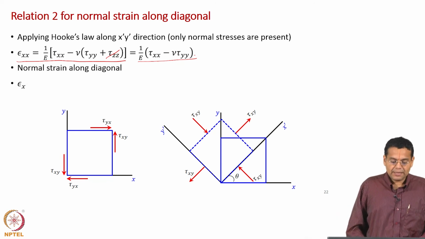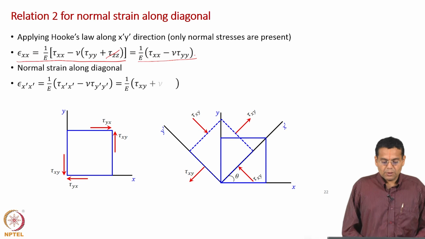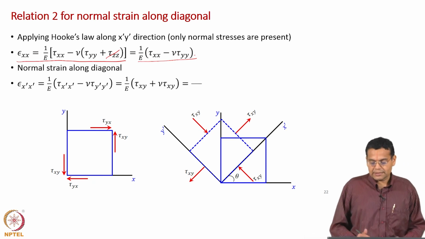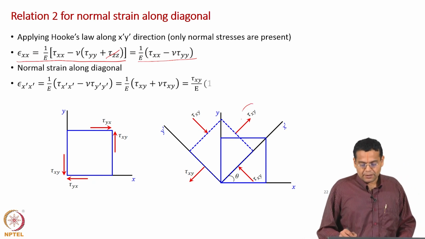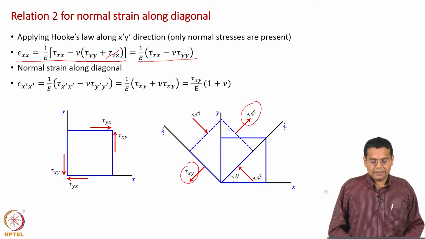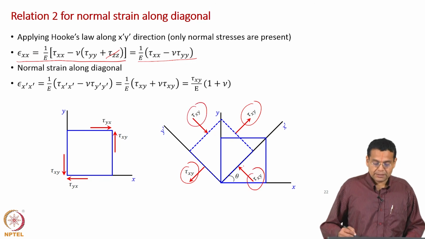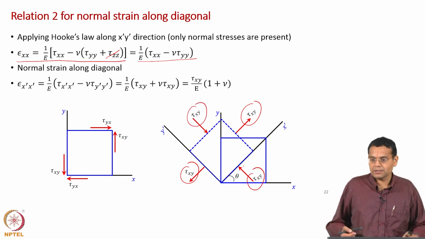So, epsilon x dash is equal to 1 by E into tau x dash minus nu tau y dash. Now, tau x dash is tau xy, and tau y dash is minus tau xy, because it is compressive.